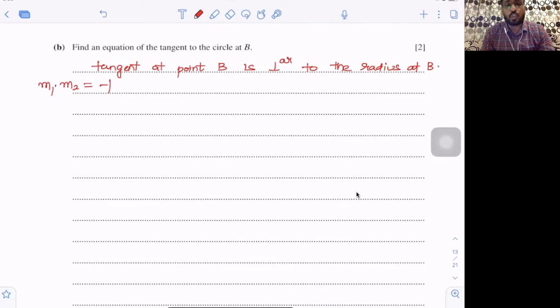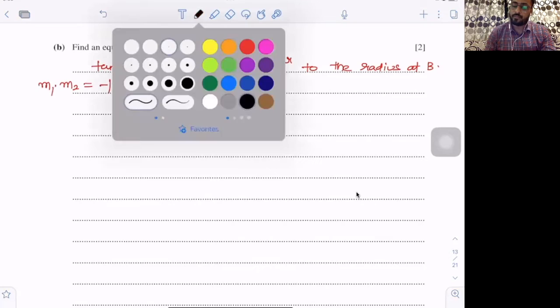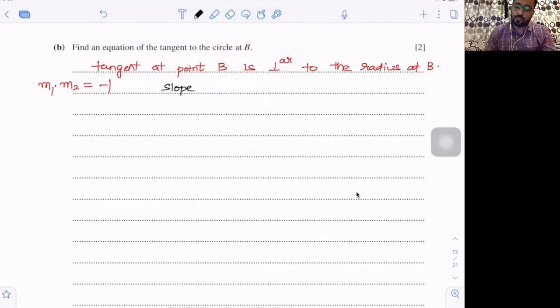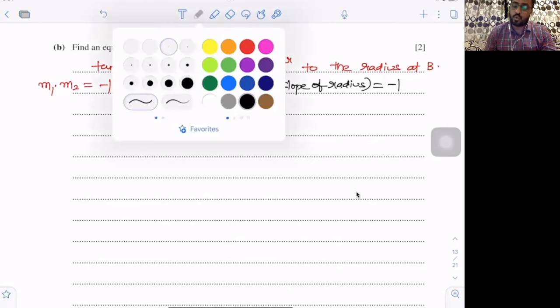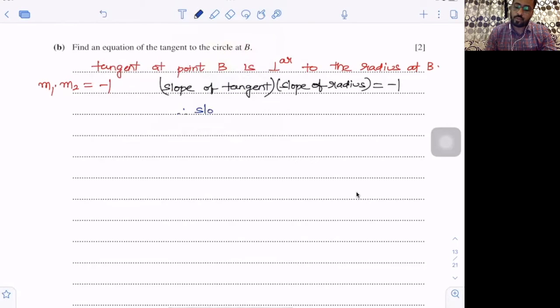So can I say from here, slope of tangent multiplied with slope of radius should be equal to -1. Therefore, slope of tangent is equal to -1 divided by slope of radius.